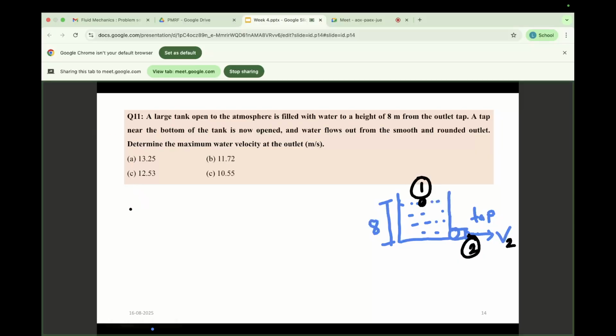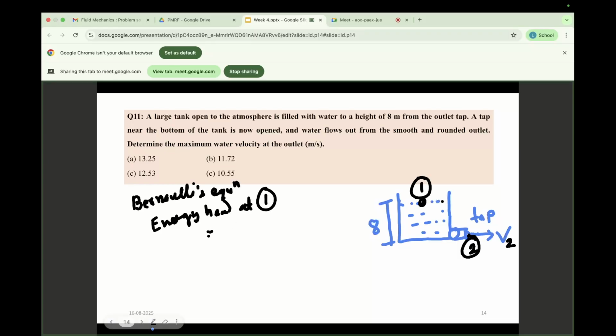So what exactly does Bernoulli's equation tell? The total energy head at any point should be constant. So I can say that the energy head at 1 should be equal to the energy head at 2, right? Yes.